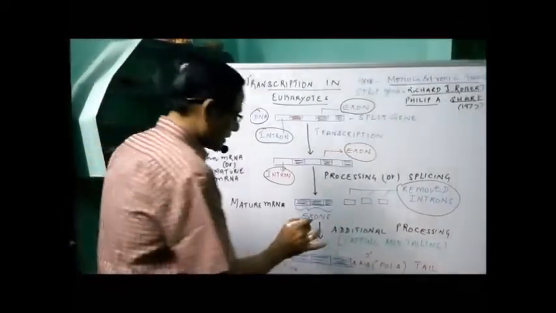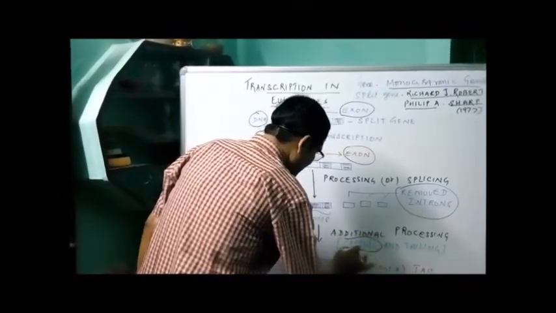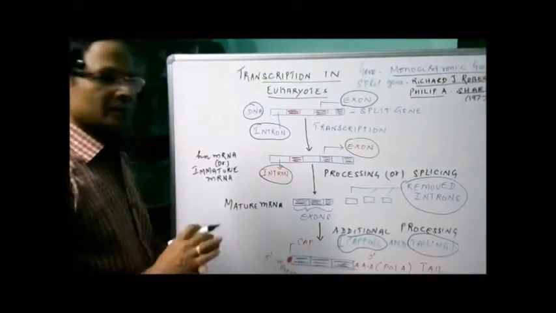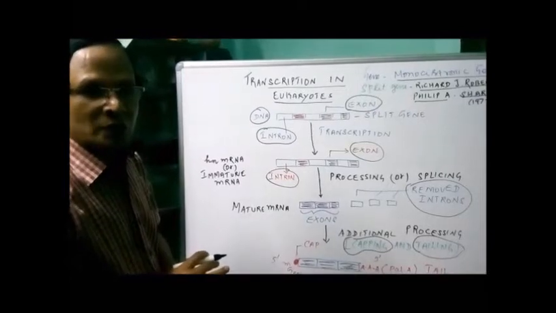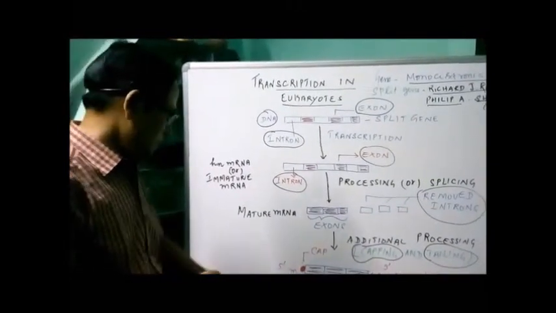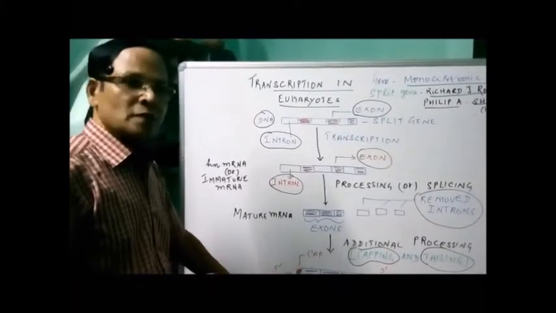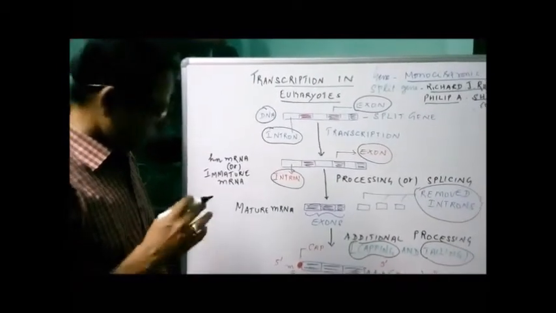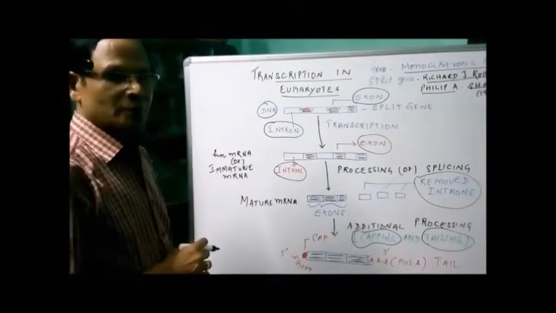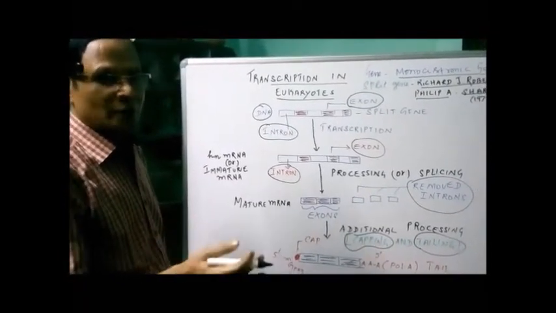One processing is called capping, addition of a cap. Another processing is called tailing. What is capping? At the 5' end, there is an addition of a special type of nucleotide called guanosine methyl triphosphate.